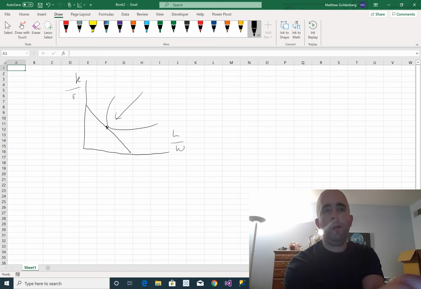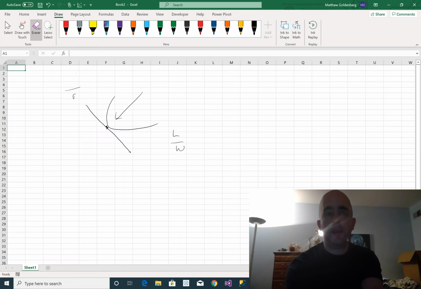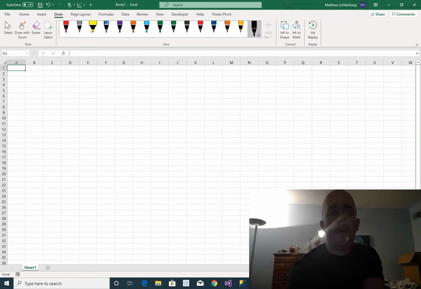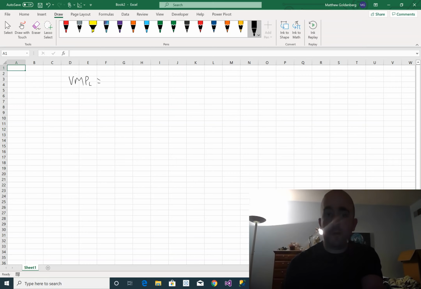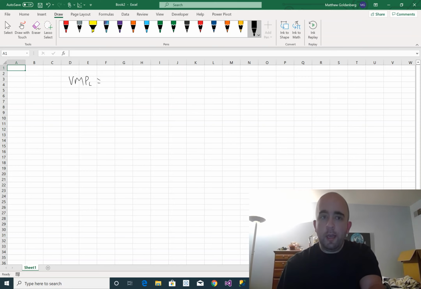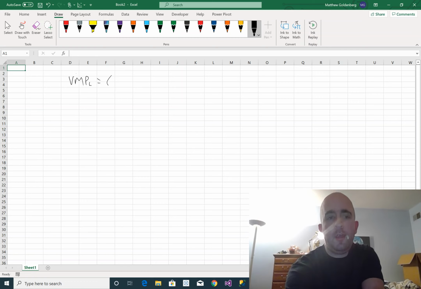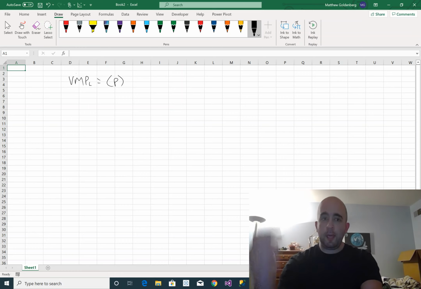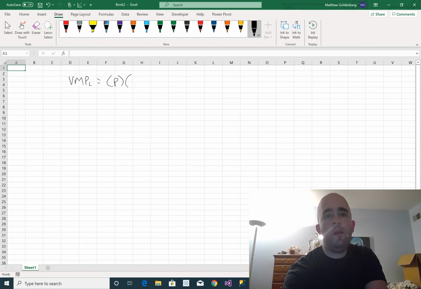The first thing I need to do is go back and talk about a specific relationship called the value of the marginal product of labor, or the value of the marginal product of capital. The value of the marginal product of labor is equal to the price of our good on the open market, so how much a hamburger costs, times the marginal product of labor.